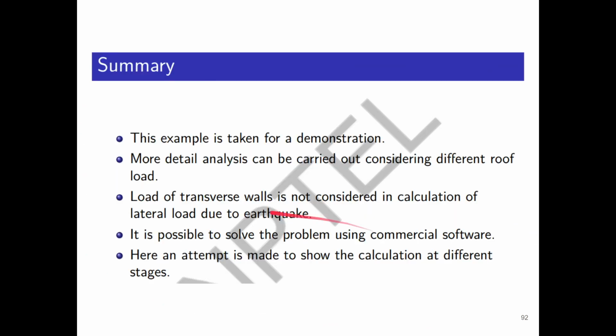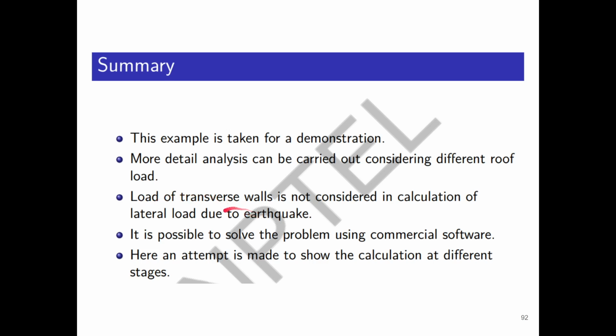So basically if I summarize, this example is only taken for a demonstration. For a more detailed analysis, it can be carried out considering different roof loads, so that will be more accurate. Here, for simplicity, we have taken uniform values, but actually the roof load will be much lesser, because no one will be there, so no live load, or even dead load will be less.